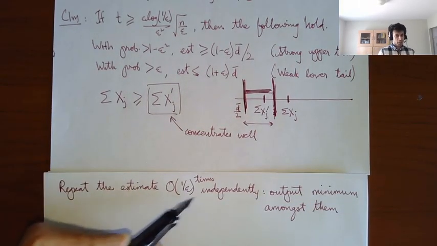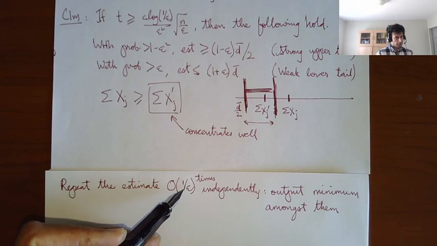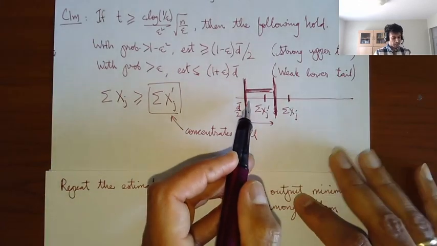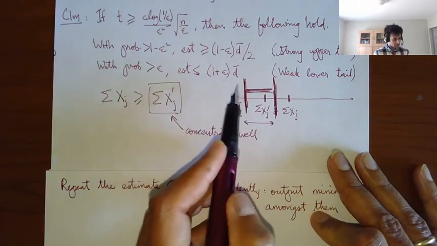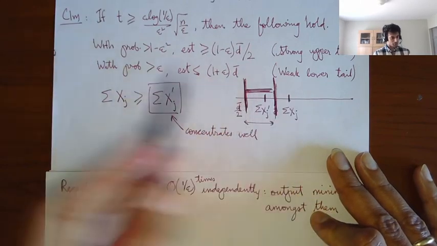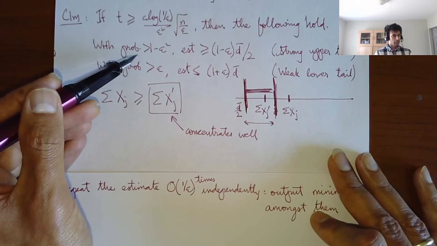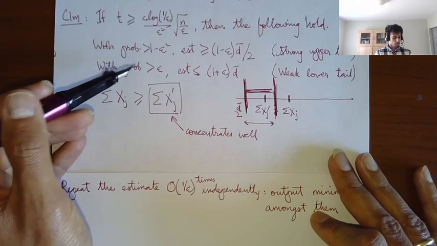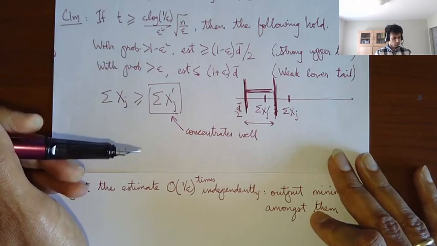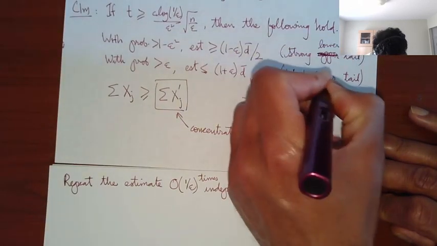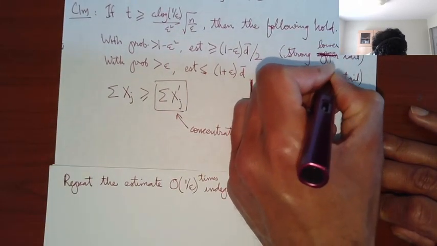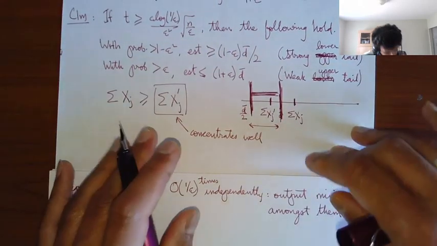Do you see that if you did at least 1 over epsilon trials, one of them is guaranteed to be in this range, and all of the estimates are actually guaranteed to be above this because the lower tail is so strong? My apologies, because the lower tail is so strong.